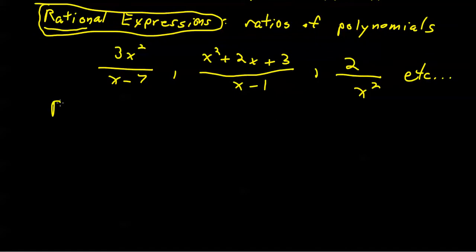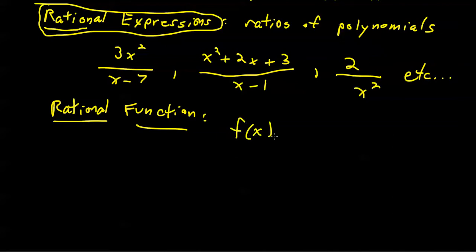What is a rational function? In simplest terms, a rational function is really a function assignment based on a rational expression. For example, if we say f of x is a function whose formula is defined by a ratio of polynomials, we call that a rational function.